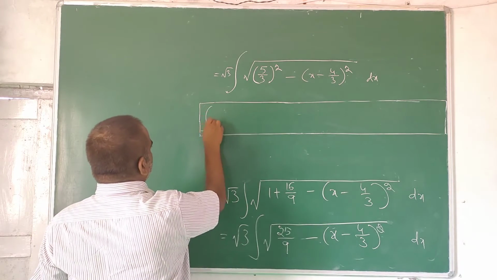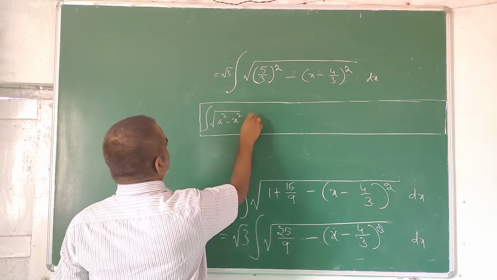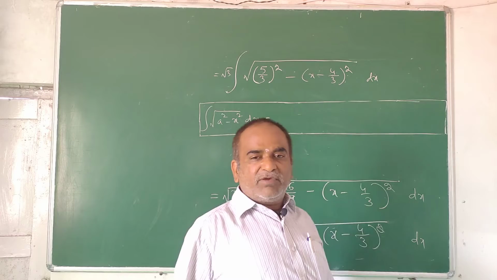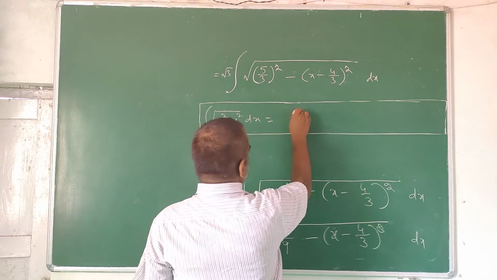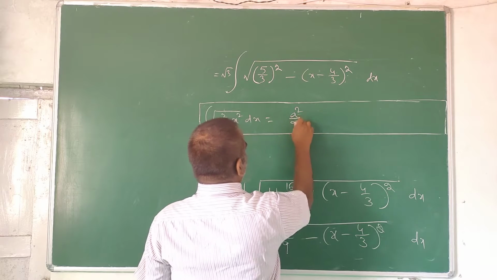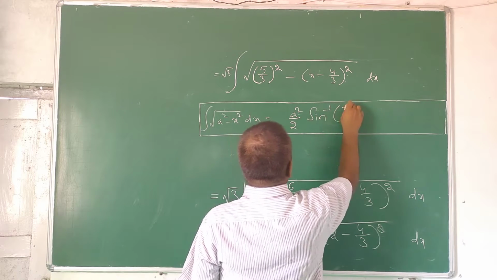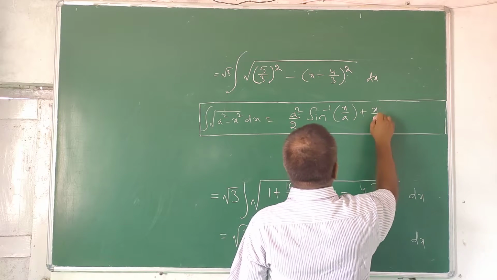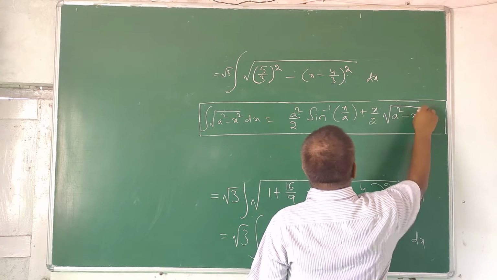So integral root over a square minus x square dx. What is the formula that we derived yesterday? A square by 2 sine inverse x by a plus x by 2 into root over a square minus x square plus c.